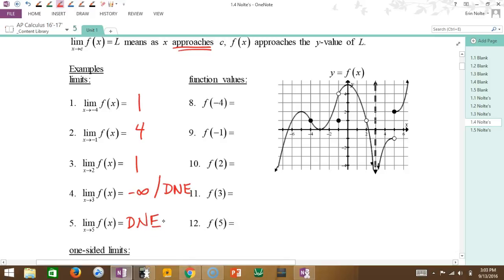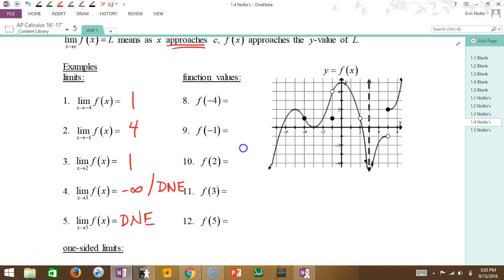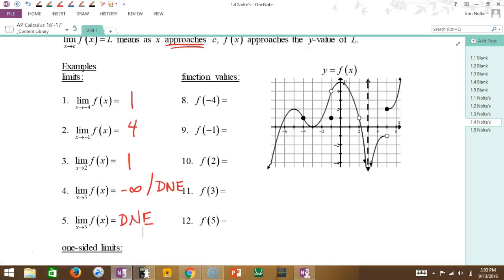Let me know if you're confused. Question: the one, let me see what number that was, I think it was number 2. Why did you choose that one when the dot is down? Good question. I would say that the dot down there is the function value, not the limit.